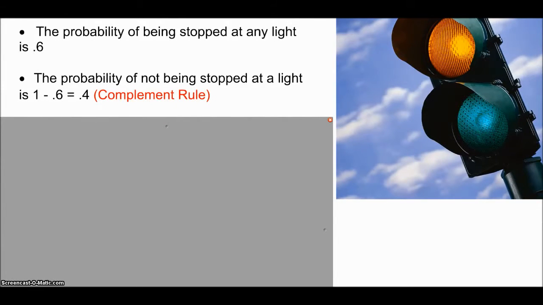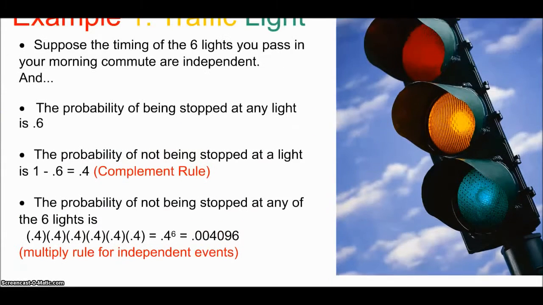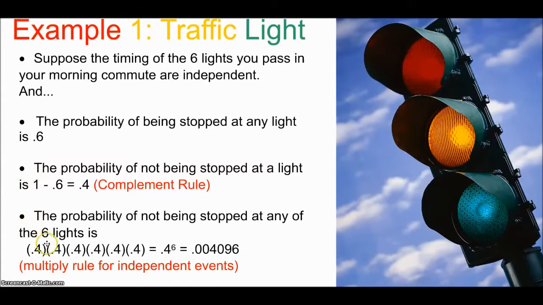Okay? So now, what is the probability of not being stopped at any of the 6 lights that you take to get to school? Well, the probability for each light is 0.4, and there are 6 of them. So it's actually going to be 0.4 times 0.4 times 0.4 times 0.4 times 0.4 times 0.4, or 0.4 to the 6th power.